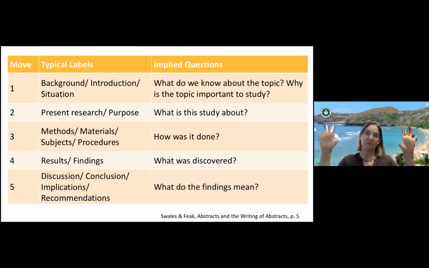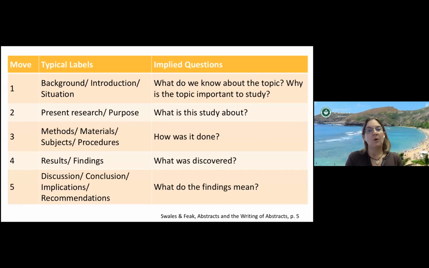So if you think about the little paragraph at the beginning of a journal article, usually the first move, which may even be just one sentence, is some kind of background and introduction. What do we know about the topic? Why is it important to study? Next move, what's this article about? What's the purpose of this particular research study?